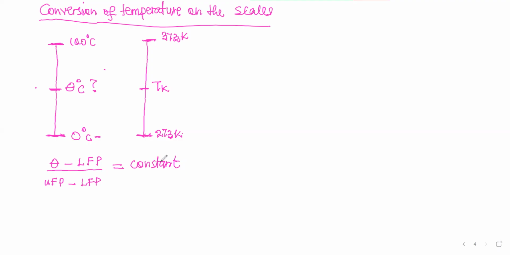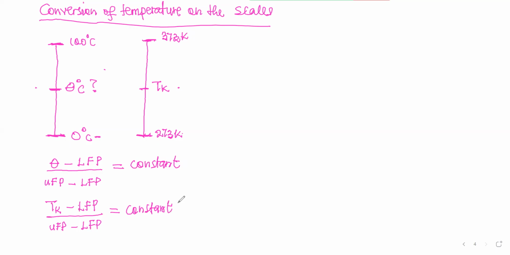If I pick another scale and I do the same thing, this unknown TK minus the lower fixed point divided by upper fixed point minus the lower fixed point, it must be equal to the same constant, no matter the scale.